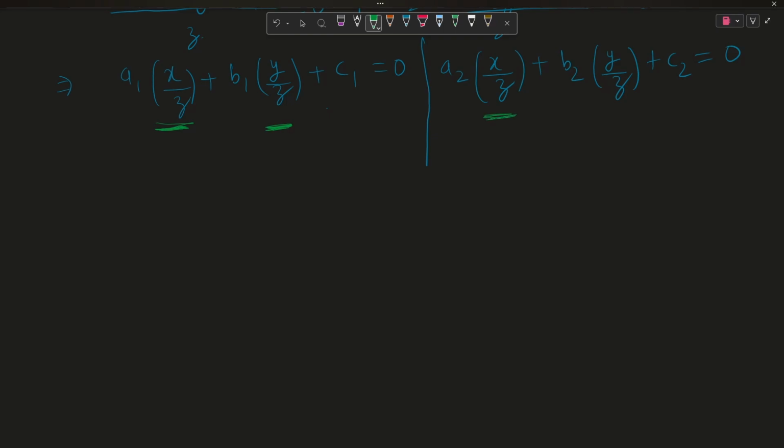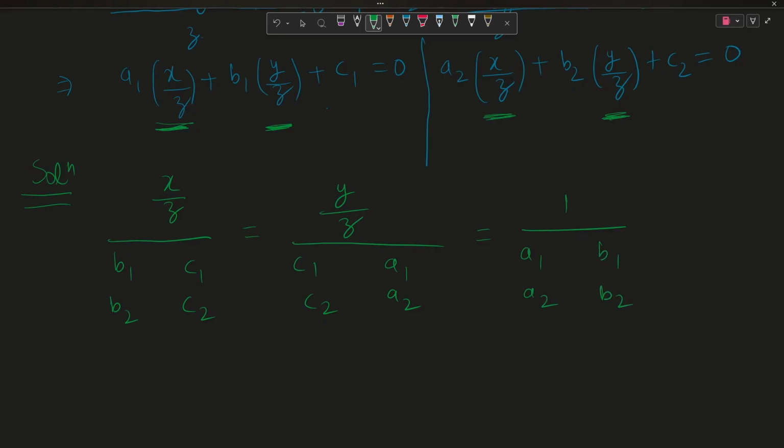If you clearly observe, this is a two variable problem, and we know very well that we can write the solution of two variable as x upon z upon b1 b2 c1 c2, as y upon z upon c1 c2 a1 a2, equal to 1 upon a1 a2 b1 b2.